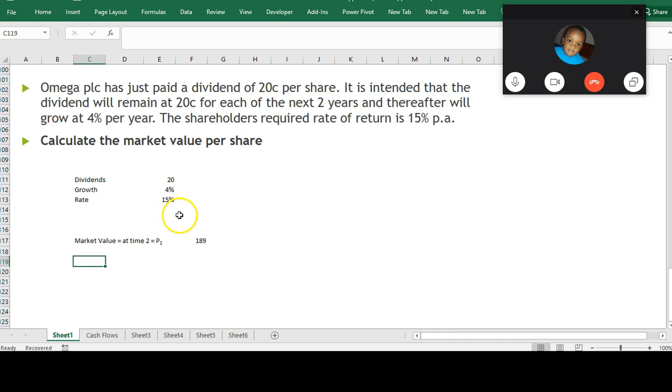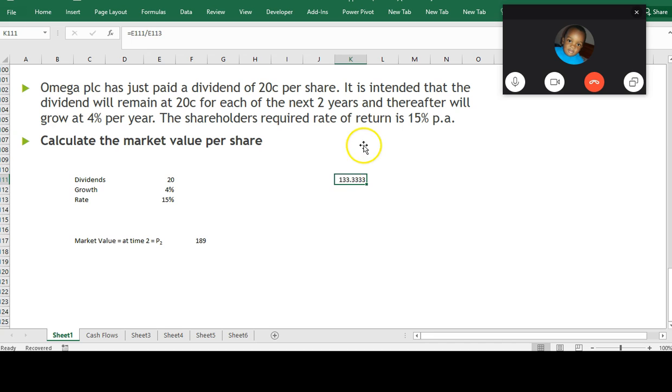Remember that for the first two years, the dividend is going to remain as is. There will be no growth, because at first it would have been your 20 dividend divided by the rate of return without any growth, which would have been 133 in terms of the market value.